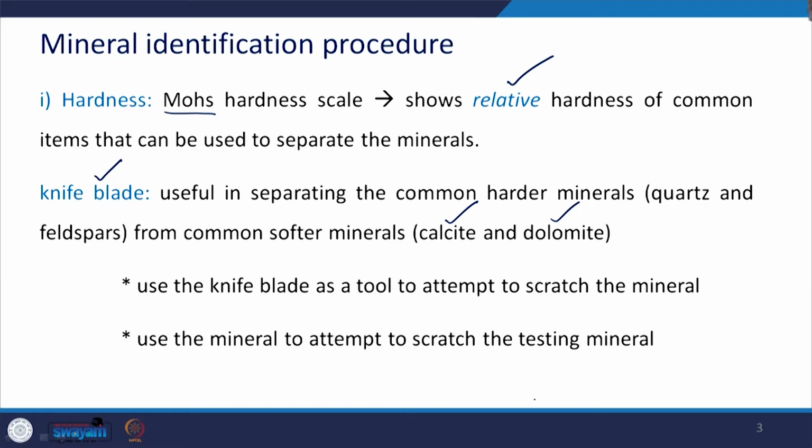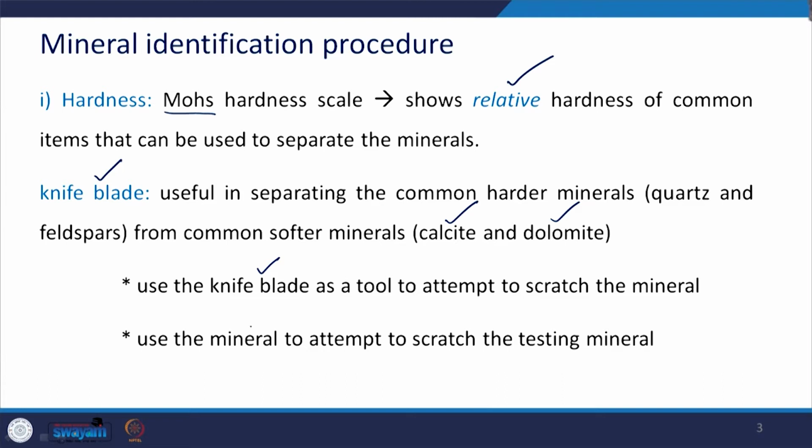It can be used in two manners. Again, you need to keep in mind that we are only talking about the relative hardness and not the hardness in the absolute sense. So we need to use the knife blade as a tool to attempt to scratch the mineral. That means we will take a knife blade and try to scratch the mineral. So there can be two categories. One in which the mineral can be scratched by the knife blade, or in the other case it will have no influence.